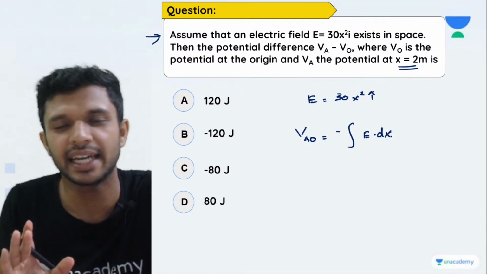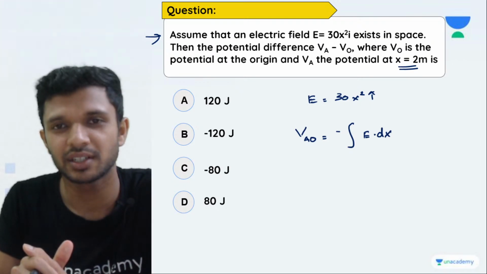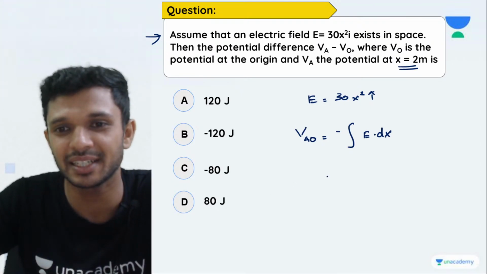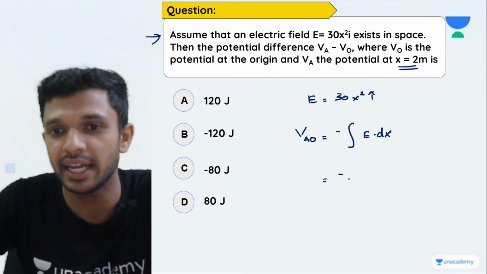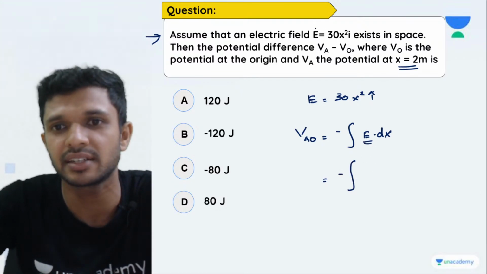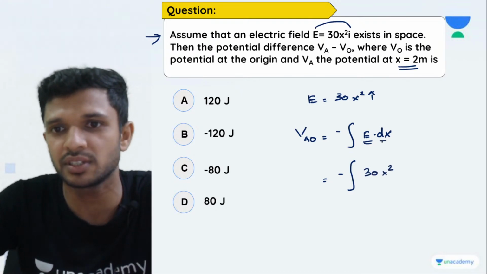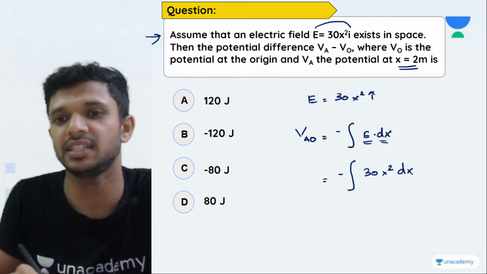Isn't it? Didn't I teach you? Say it. Yes sir, sure, you did. You did that, sir. So okay, let us continue. Negative of integral. What is E? Electric field, 30x square. And what is dx? The small change. Keep it as dx itself.